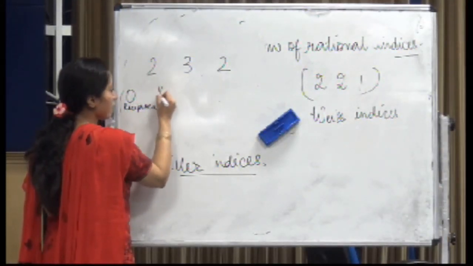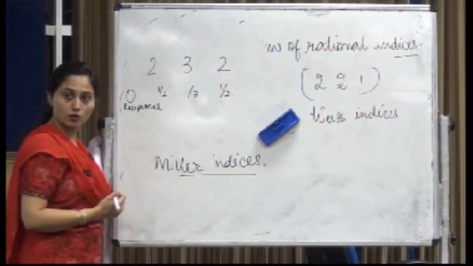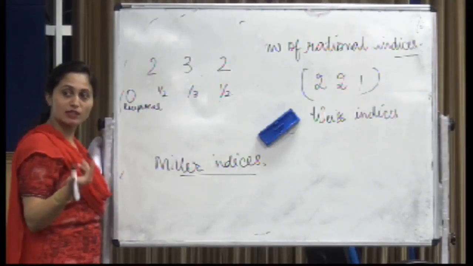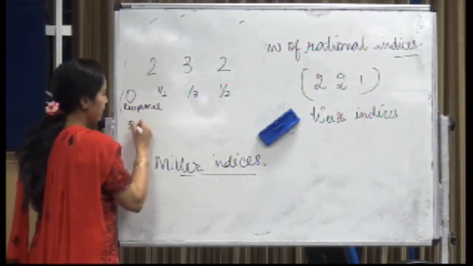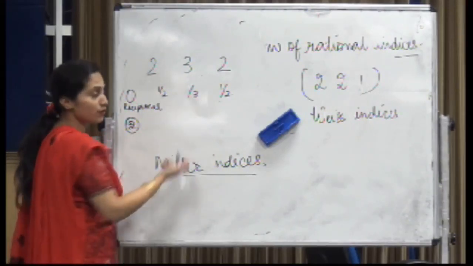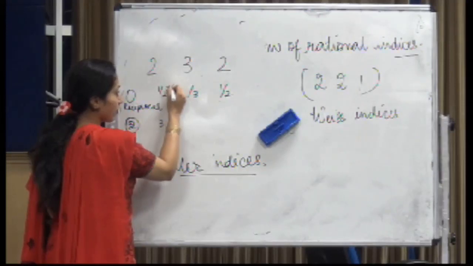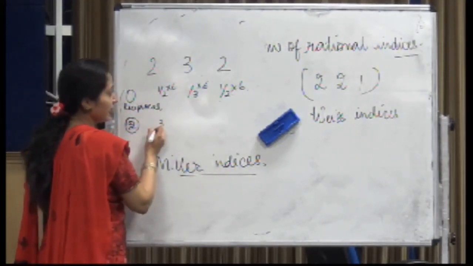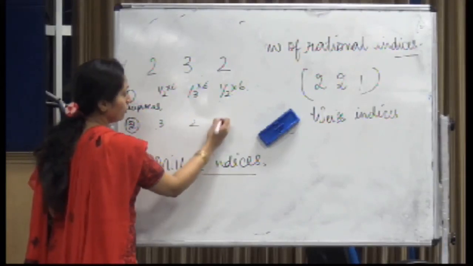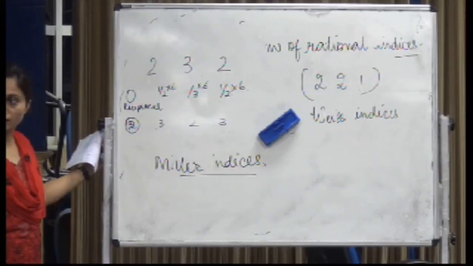What will that be? 1 by 2, 1 by 3, 1 by 2. The second step is to multiply with the LCM. What is the LCM of 2 and 3? 6. So now you multiply with 6. What do you get? 3, 2, 3. So 3, 2, 3 is the Miller index.